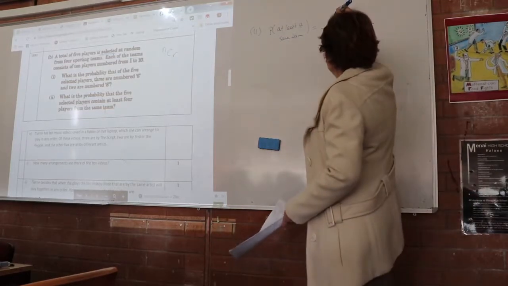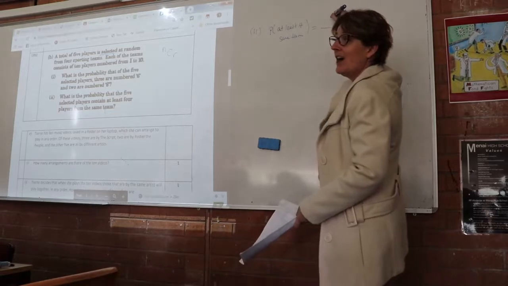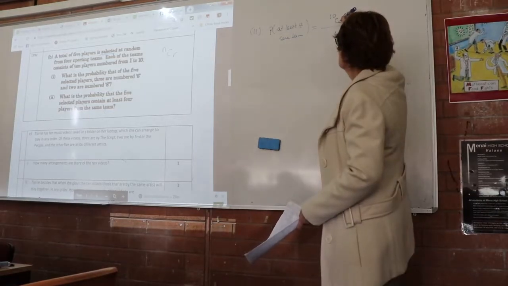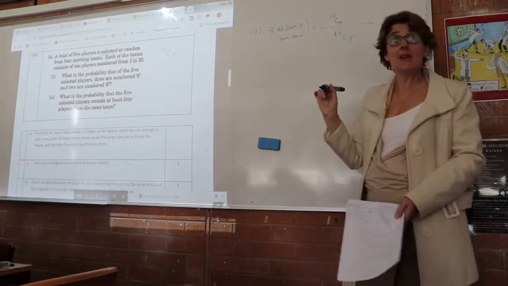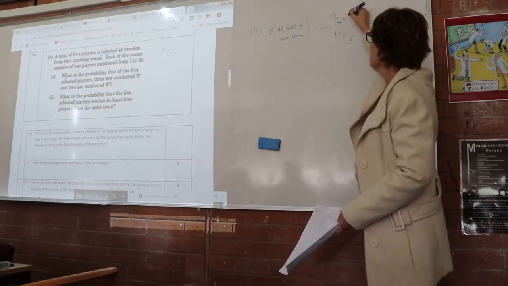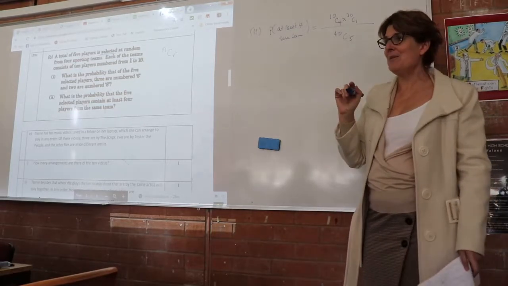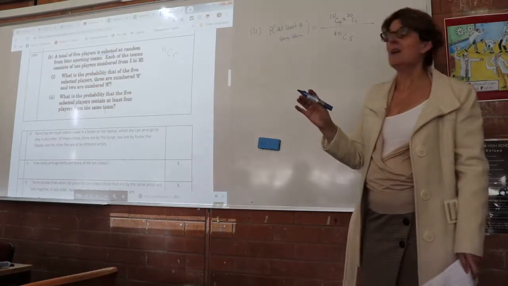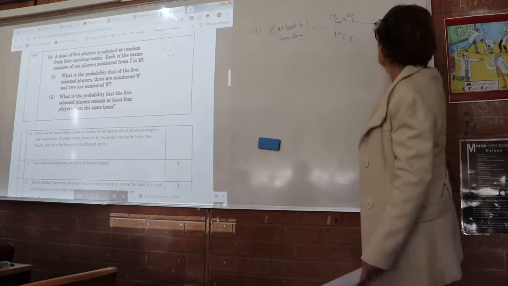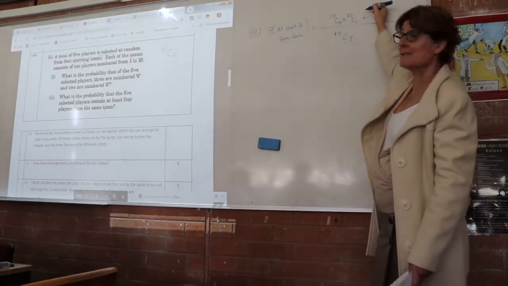So I could have 4 from the same team, which means I'd have to go 10 choose 4 from the same team, yeah? And the extra 1 would come from the remaining 30 people, not from 10, right? Because there's 30 remaining. Now I've left a gap here because I want to talk about something. And then it's or, so it's plus.